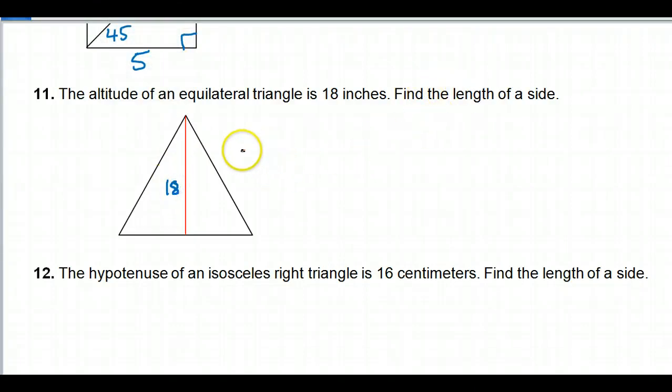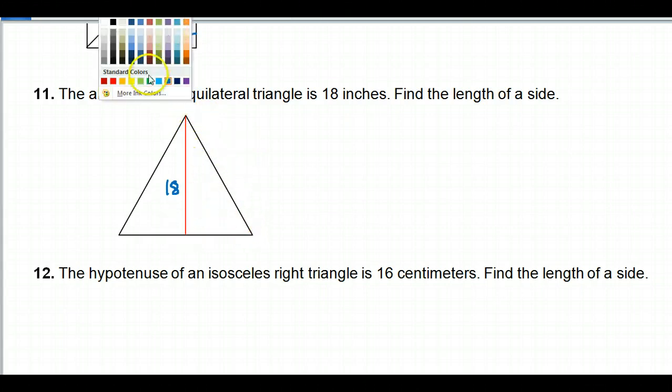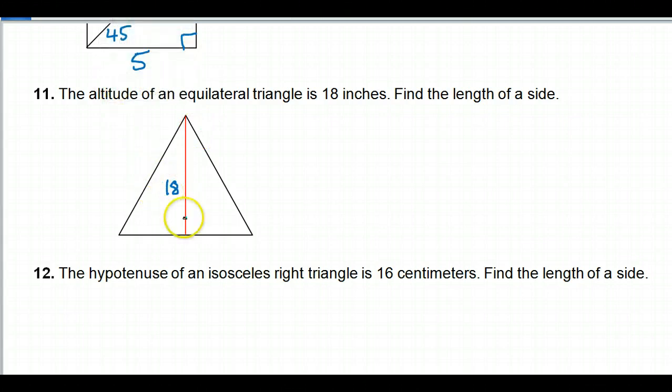We're supposed to find the length of a side. So basically we're looking for the hypotenuse over here. Well, it goes like this. This little part right here is short, and when I say that, I'm just talking about this part only. Of course, where this 18 is short root 3. Short radical 3 is the 18.